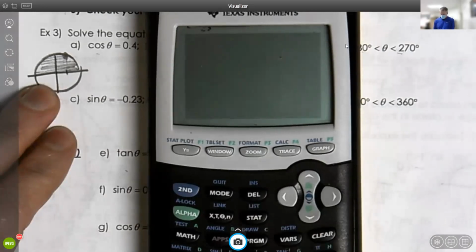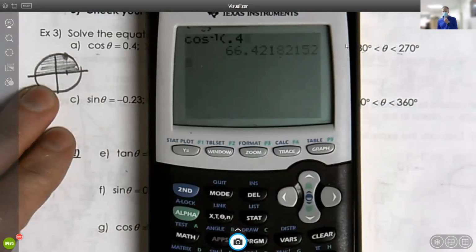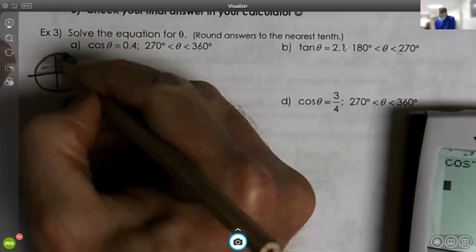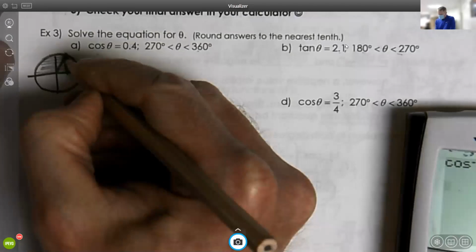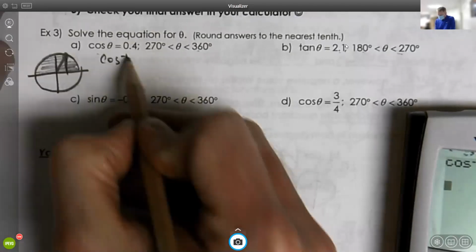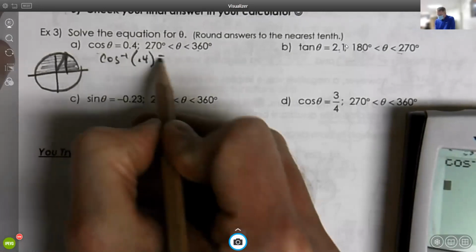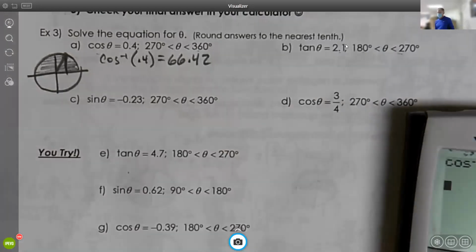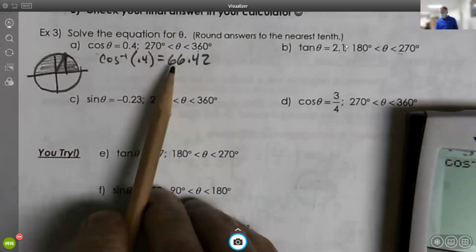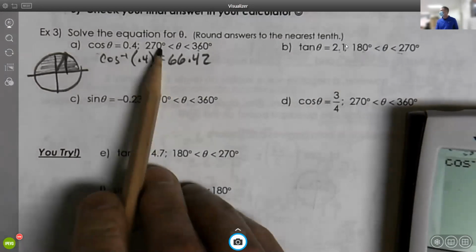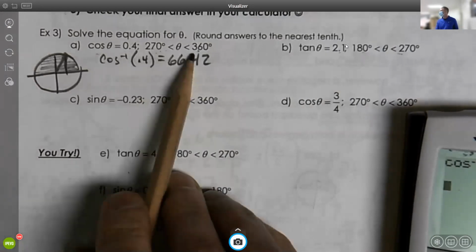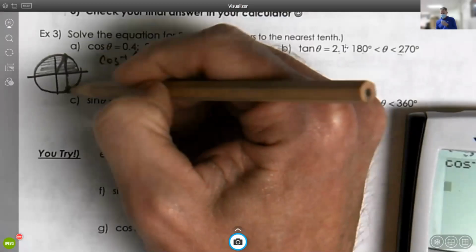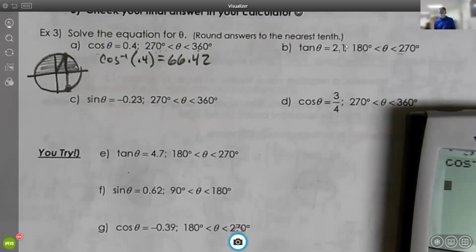Cosine inverse of 0.4 is going to give us a 66-degree angle, 66.42. But they don't want 66.42. They want an answer in the 4th quadrant. They want an answer that actually would be down here, that is also a cosine of 0.4.